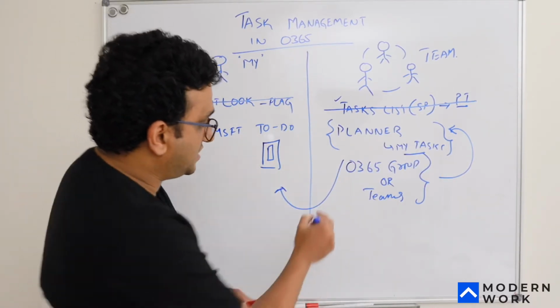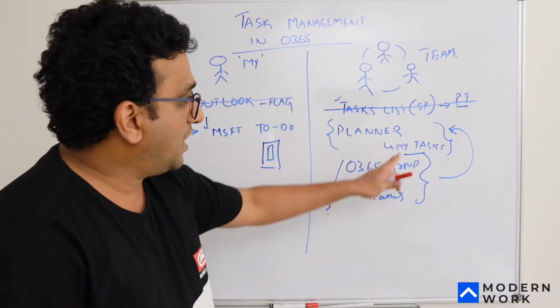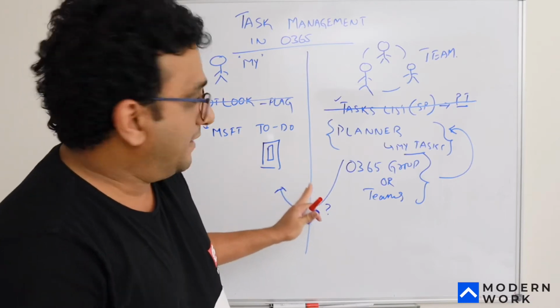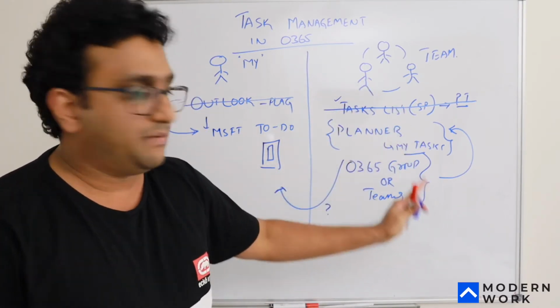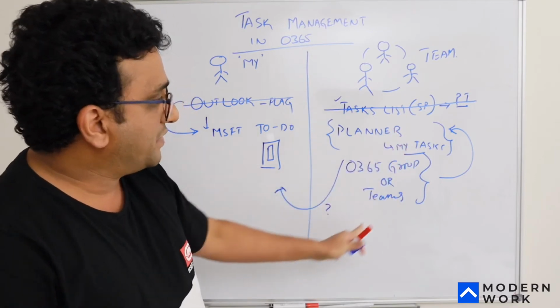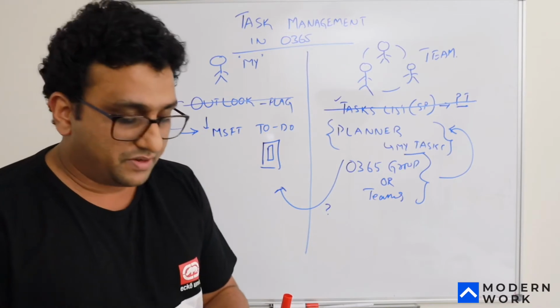So this is still a question mark. You'll still have that separation between personal versus team, but they're talking about showing those Planner tasks within the To Do app very soon.